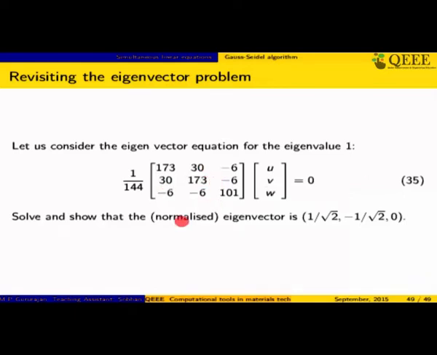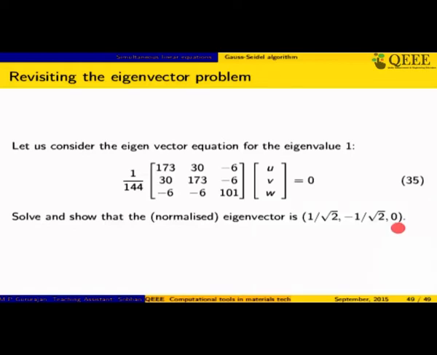You have an equation, you can solve it and show the normalized eigenvector. You will solve and get a vector, then take the mod of that vector and divide each component by the mod of that vector, and you will get the eigenvector. The calculation that I want you to do is to show that the normalized eigenvector for this problem is 1 by square root 2, minus 1 by square root 2, 0.